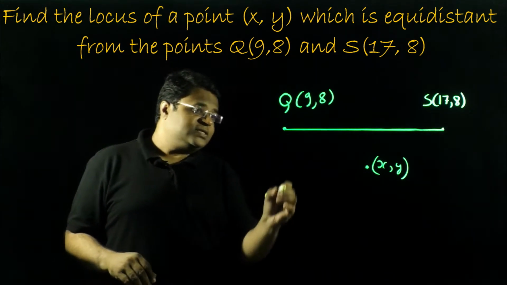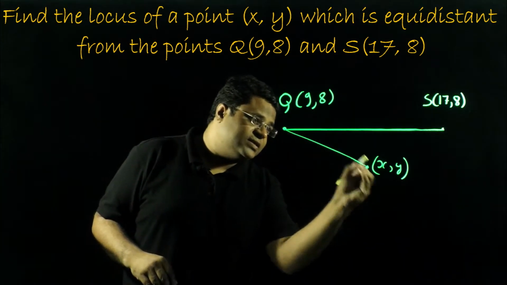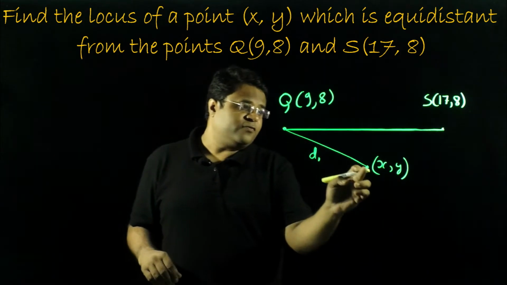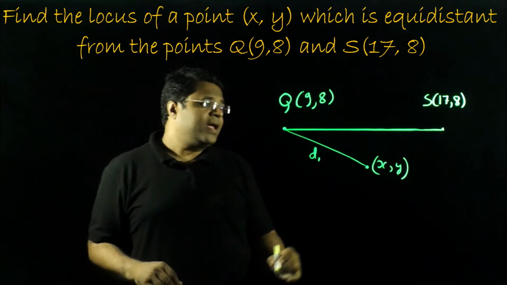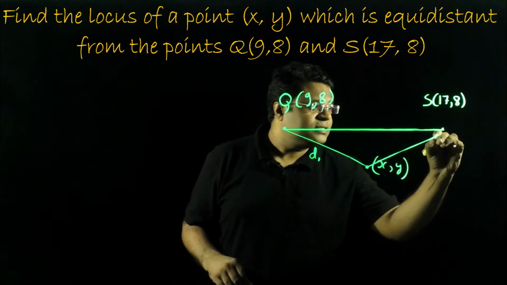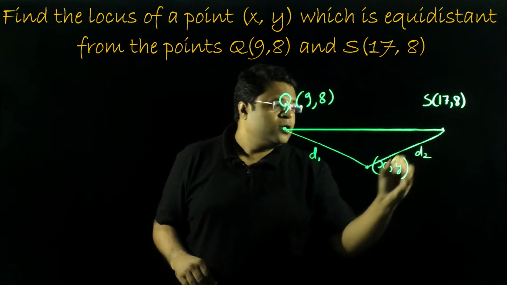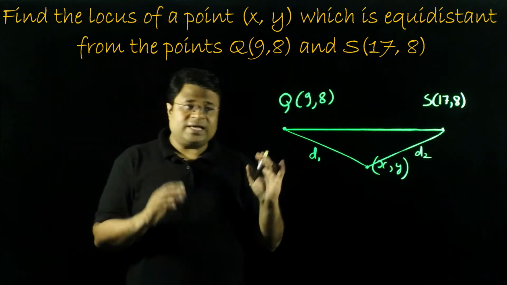So if it is equidistant, the distance d1 of this point from (x, y) and the distance d2 of this point from (x, y) should be the same.